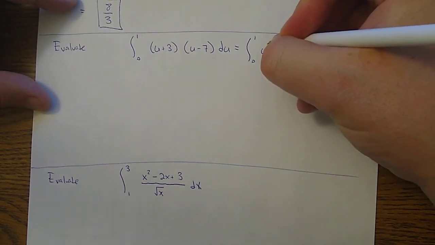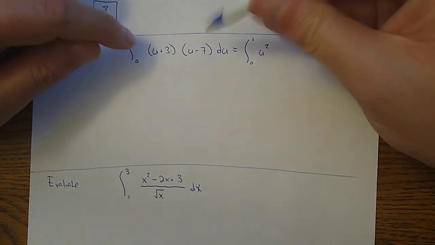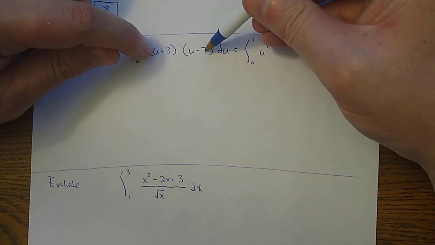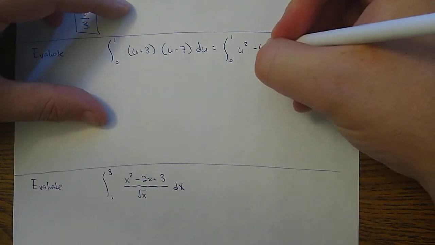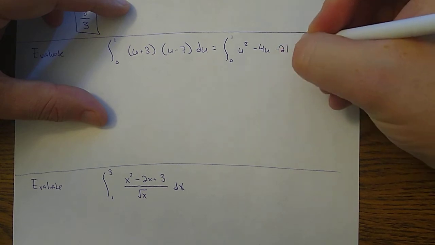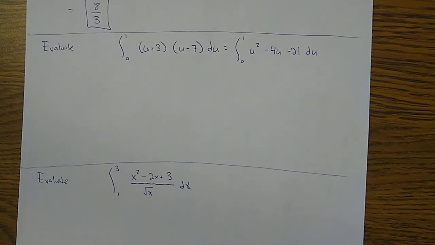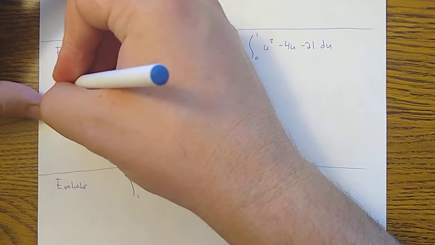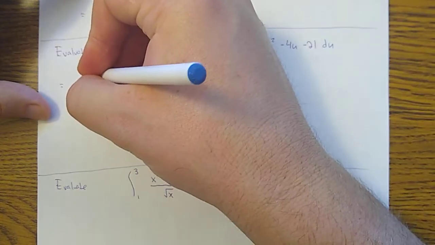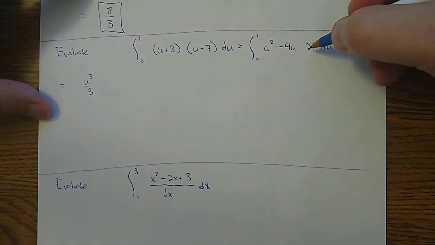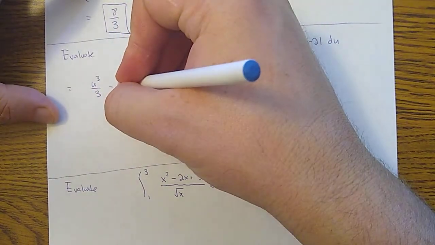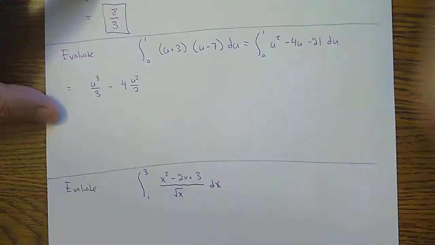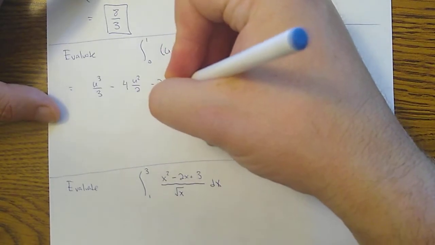I get u squared. Let's see. I would have a minus 7u and a plus 3u, so minus 4u. So I get that. And then I do the rest the same way. I'm doing the antiderivative, so u cubed over 3 minus 4u squared over 2 minus 21u.